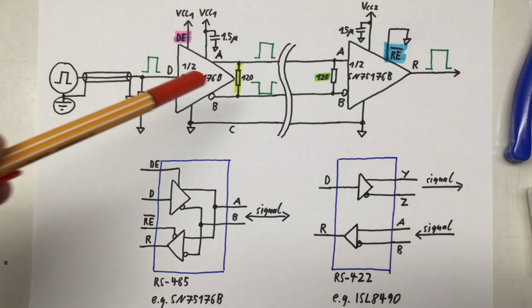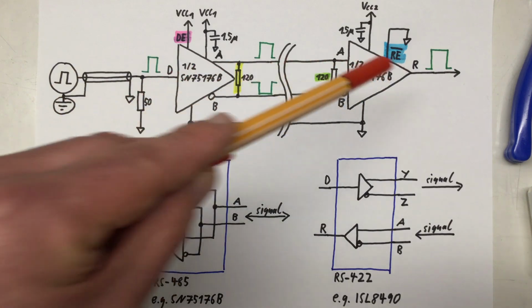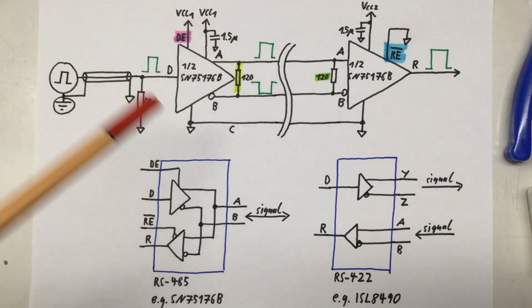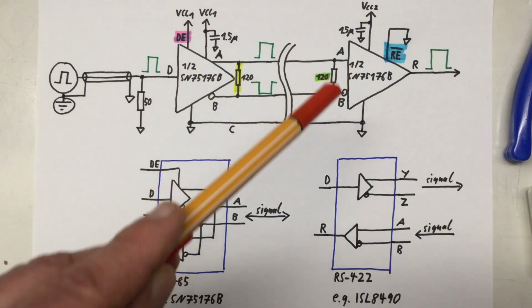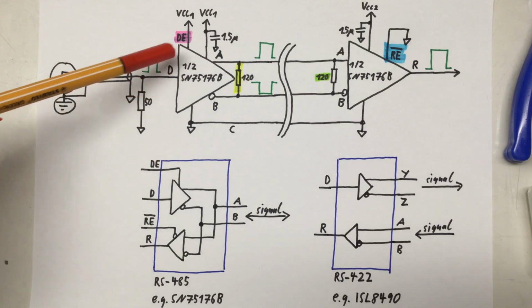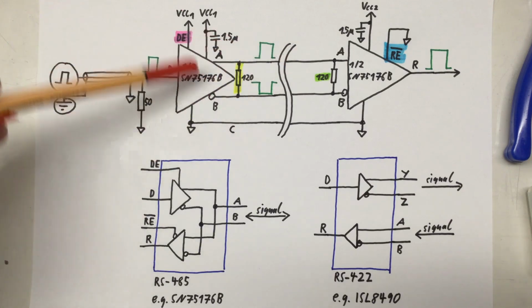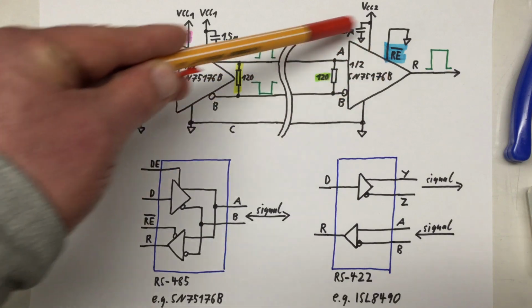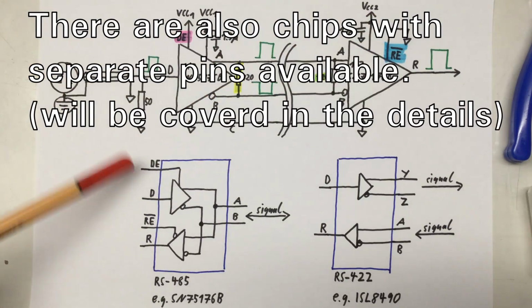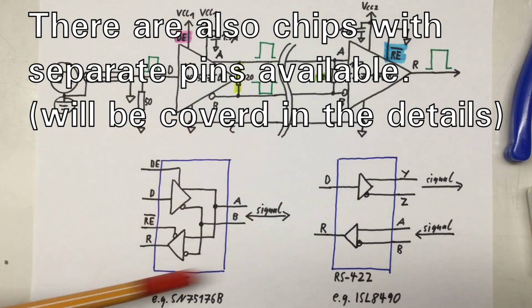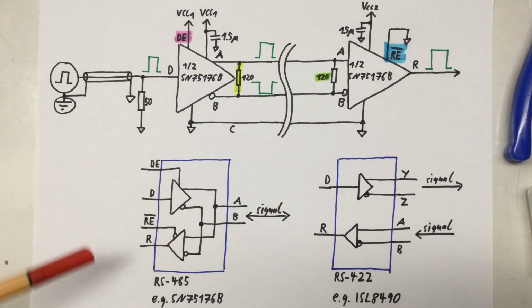Well, I've here drawn only two halves of an RS-485 transceiver. Here the transmitter part and here the receiver part. And I mentioned before that the output pins of the transmitter are the same as the input pins of the receiver. So a complete RS-485 transceiver looks like that.